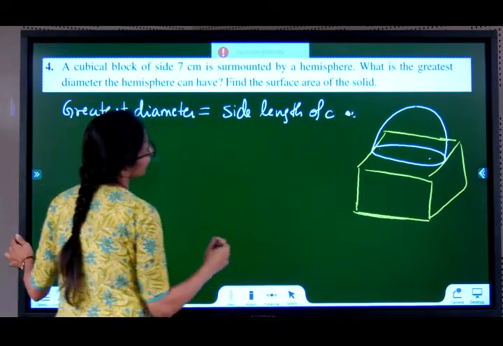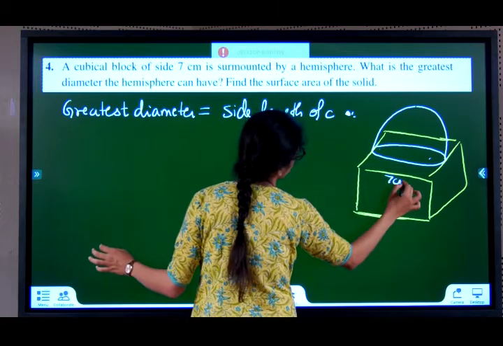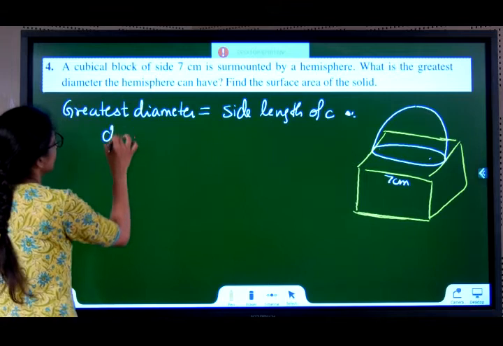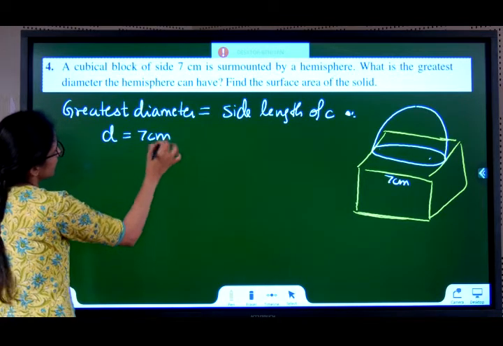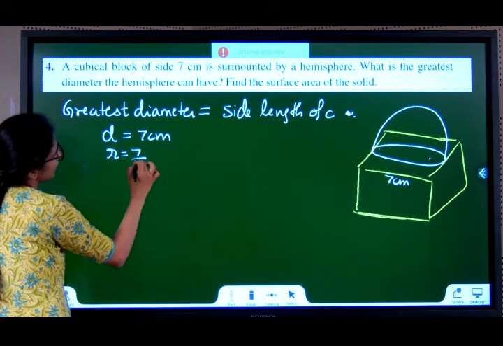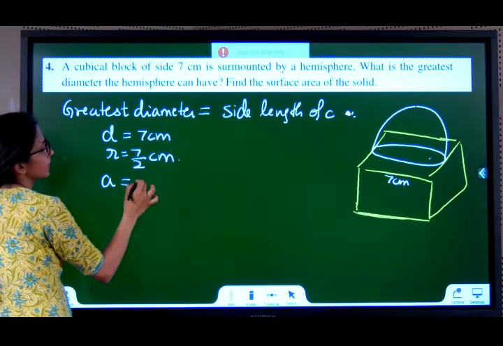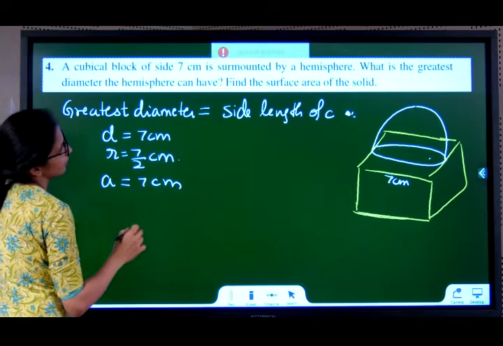They've given the side length of the cube as 7 centimeters. So diameter is equal to 7 centimeters. Radius is equal to 7 by 2 centimeters. Edge length of the cube a is also 7 centimeters.